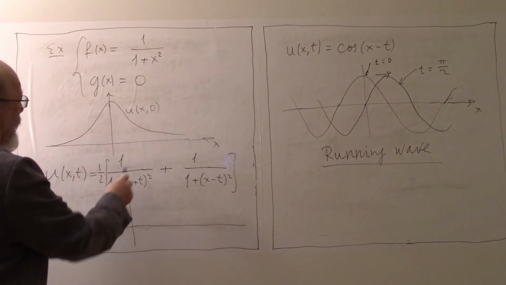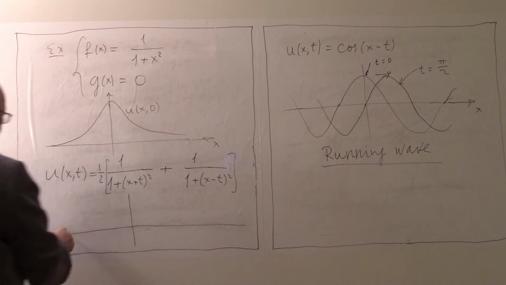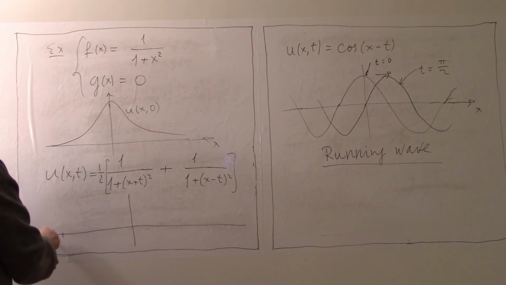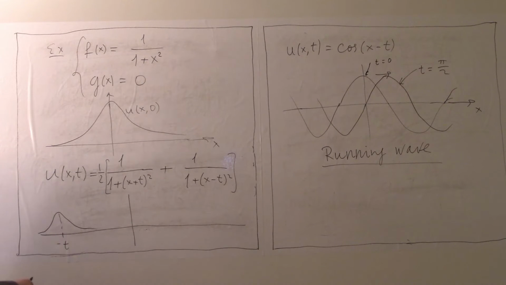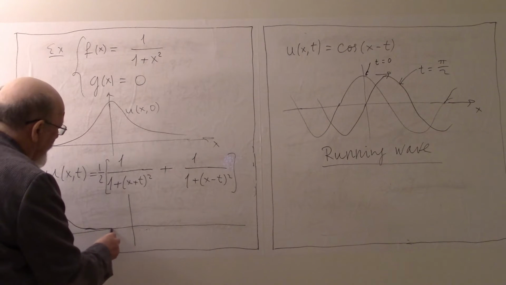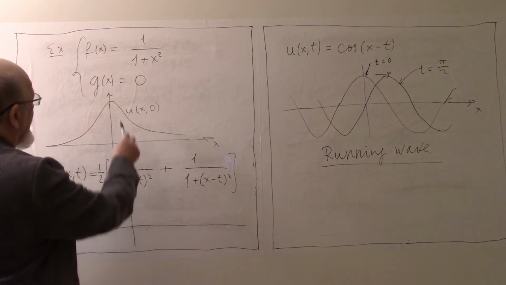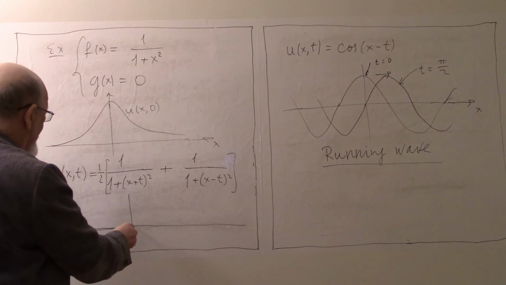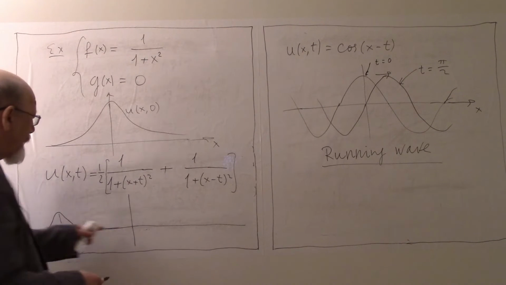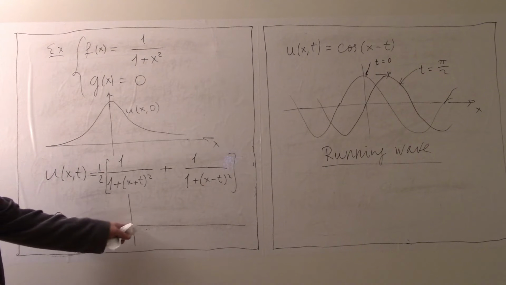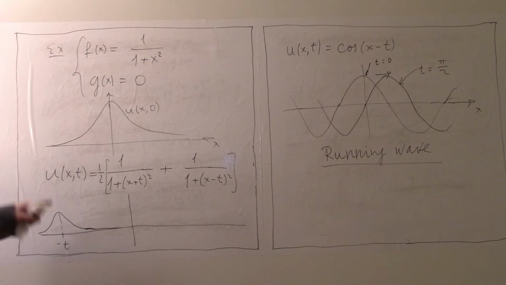So the first term is a curve like this. The apex is at the point minus t. And here it goes to 0 rather fast, like 1 over x plus t squared. So at this point it will be like 1 divided by 1 plus t squared, multiplied by 1/2.